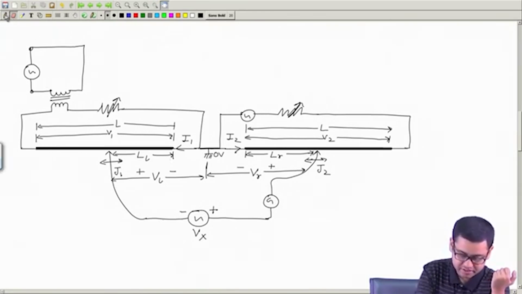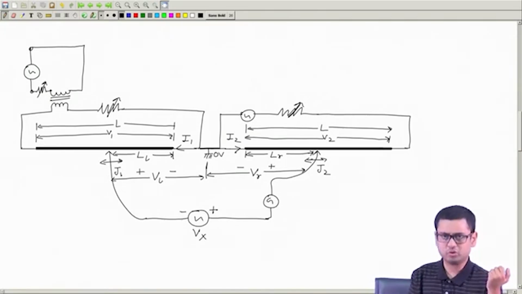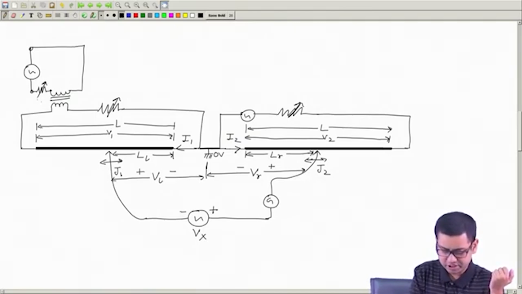So, we may need to put some resistance. You can put it here, you can also put it in the secondary side. Okay. So, by controlling this resistance also you can control this current and thereby this voltage. You can have a resistance here as well. So, in principle both are okay.